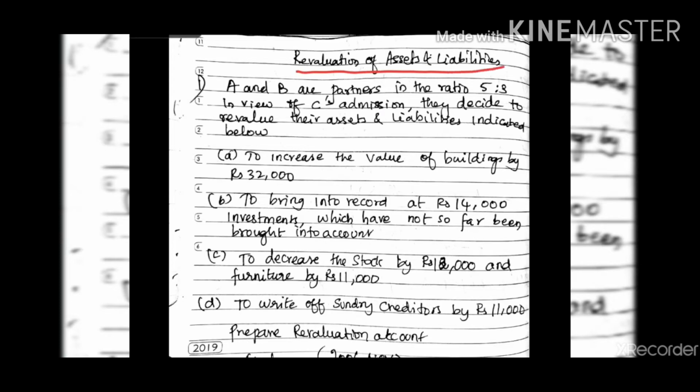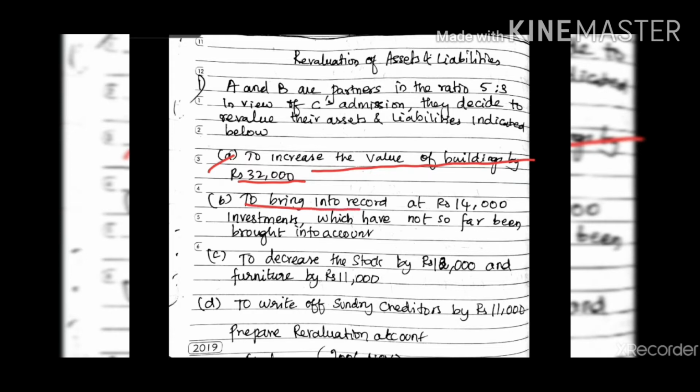Revaluation of assets and liabilities. A and B are partners in the ratio 5:3. In view of C's admission, they decided to revalue their assets and liabilities as indicated below. Number 1, increase the value of buildings by 32,000.